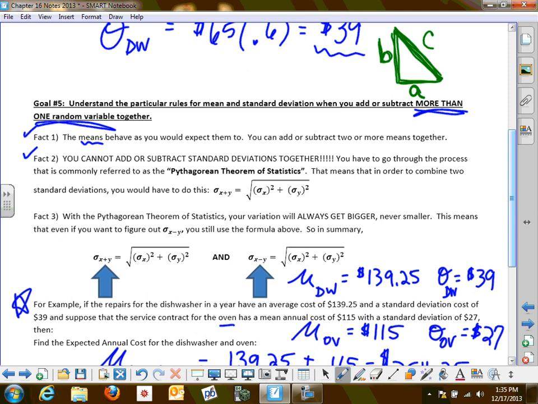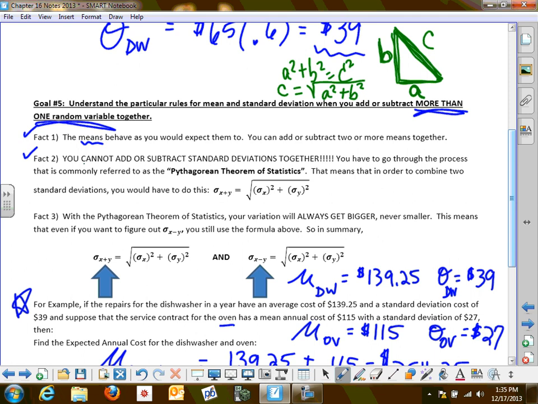So in this, whereas Pythagorean theorem, a squared plus b squared equals c squared, the c is the square root of a squared plus b squared. If you just solve for c, you're getting the square root of the standard deviations squared.